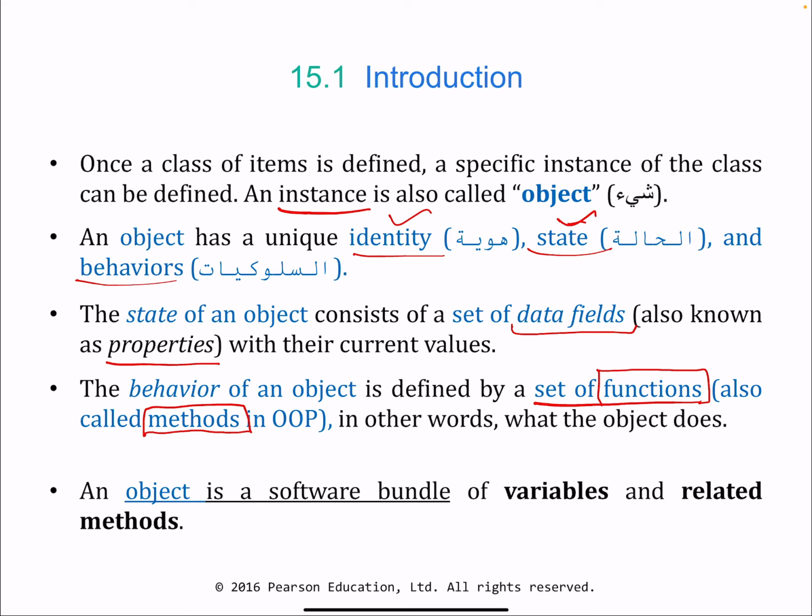An object is basically a software bundle that includes some variables and some related functions or methods that can be used to operate on those variables that are part of this bundle we call an object.